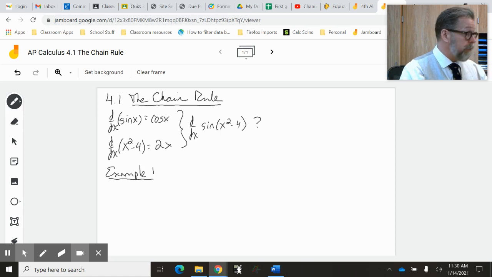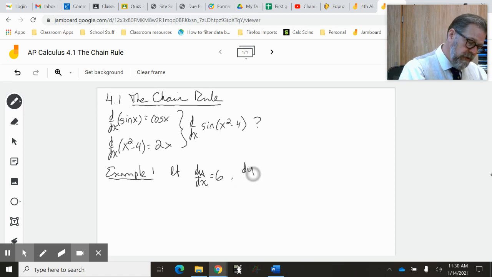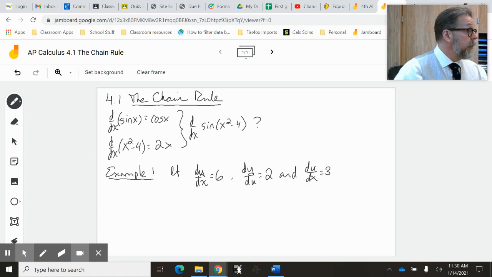If we know that the derivative of y with respect to x is 6, so that's something that has a slope of 6, and we know that the derivative of y with respect to some other function u is equal to 2, and the derivative of u with respect to x is 3.